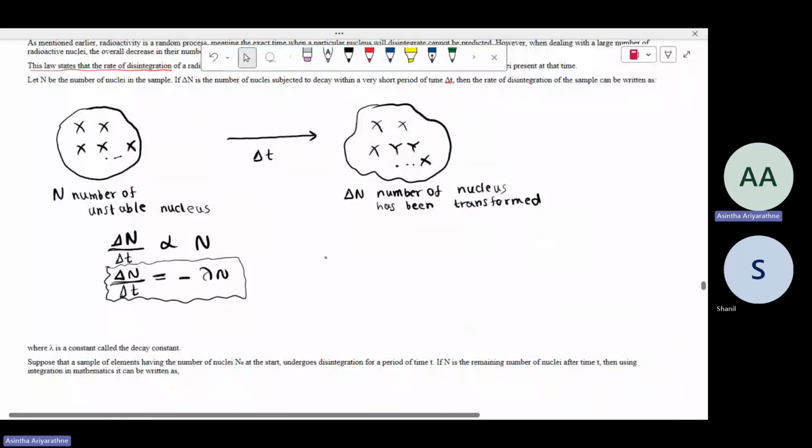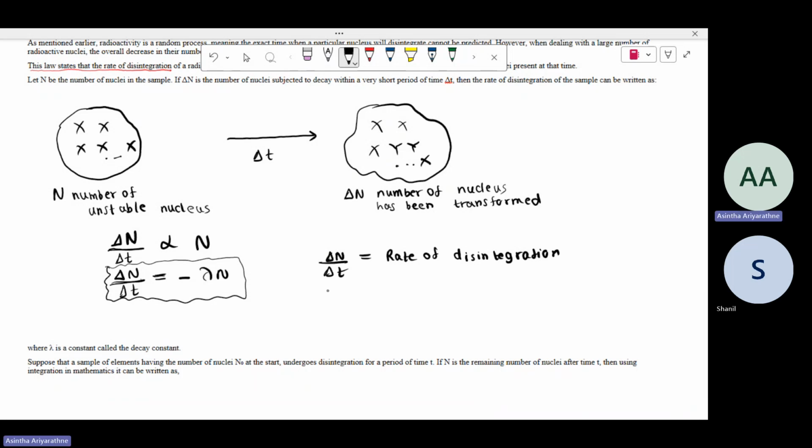So delta n over delta t is the rate of disintegration. Lambda is the decay constant.